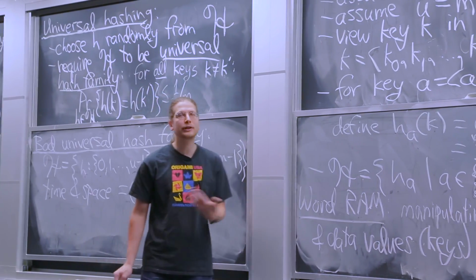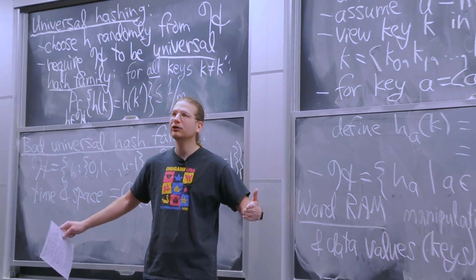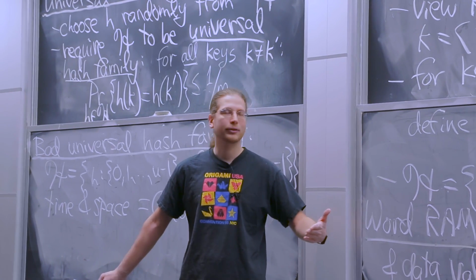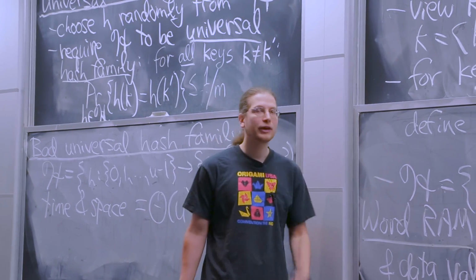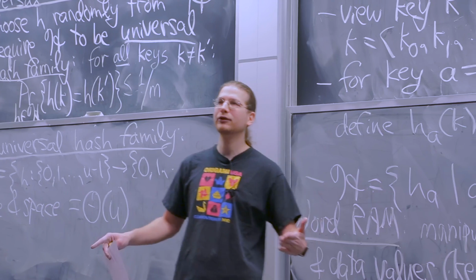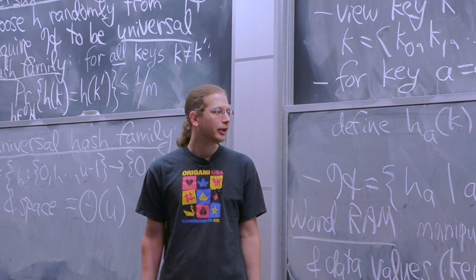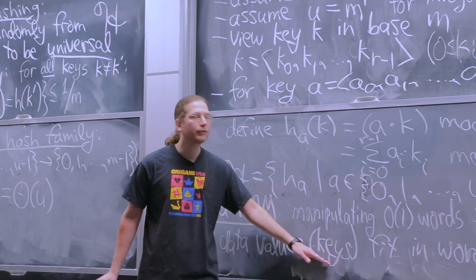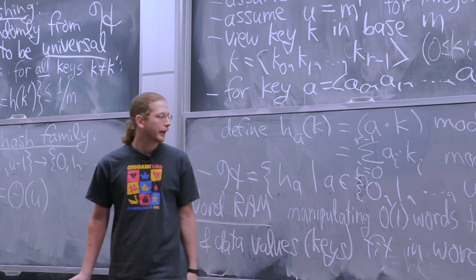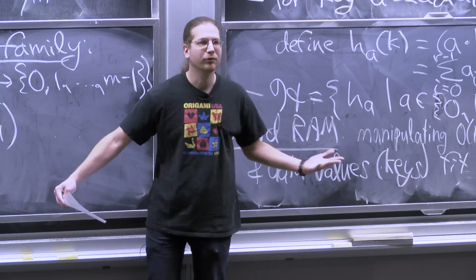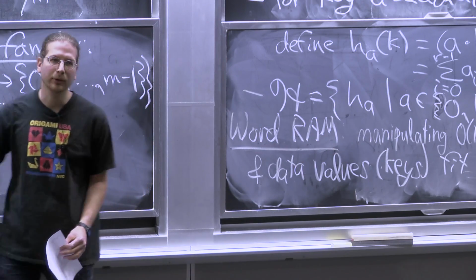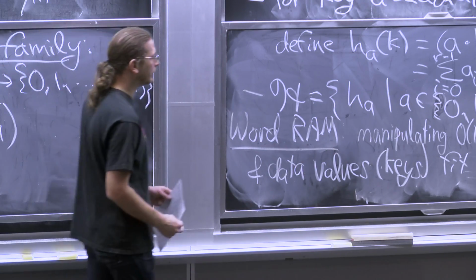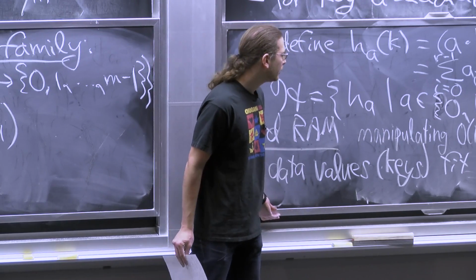A 64-bit addition on a modern processor, or 32-bit on most phones, takes constant time because there's hardware designed to do that really fast. In general, we're assuming that the things we care about fit in a single word, and we're assuming random access in that we can have arrays. That's what we need in order to store a table. Same thing in van Emde Boas, we needed to assume we had arrays.